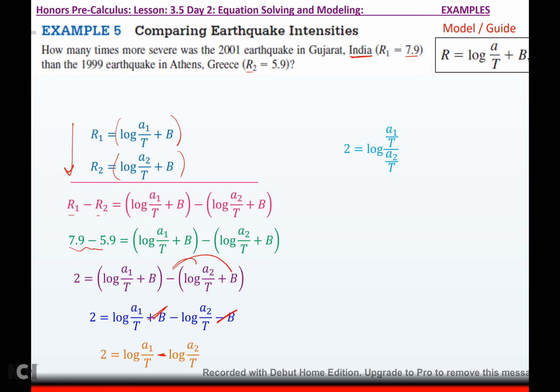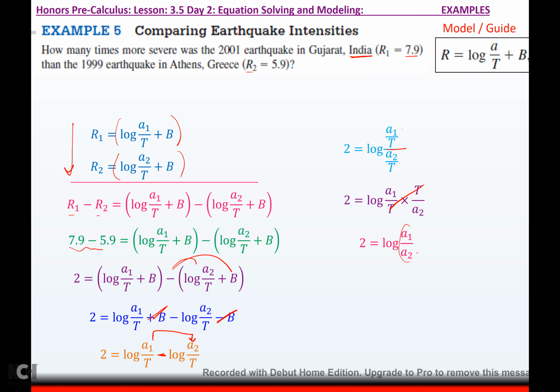I can undo subtraction. I can turn it into one log by dividing this by that. Keep, change, flip, right? And here the T's are going to cancel. So that leaves me with log of A sub 1 over A sub 2.